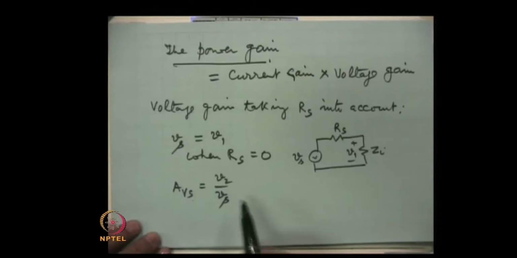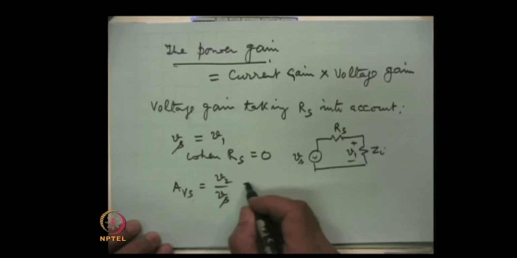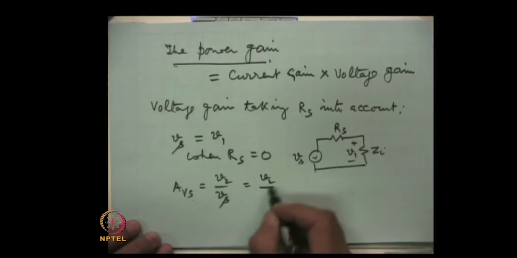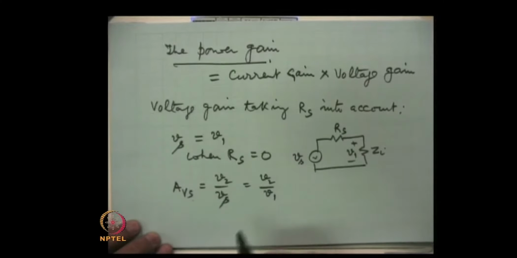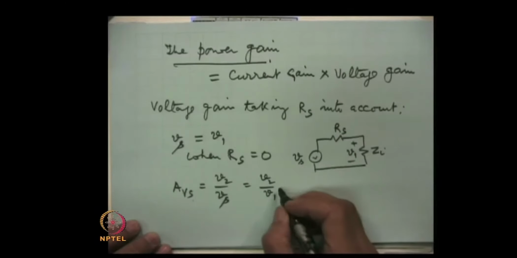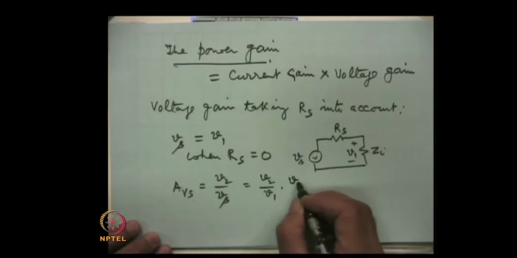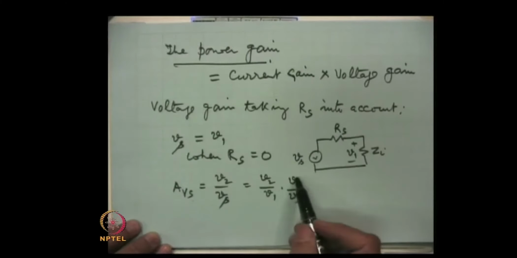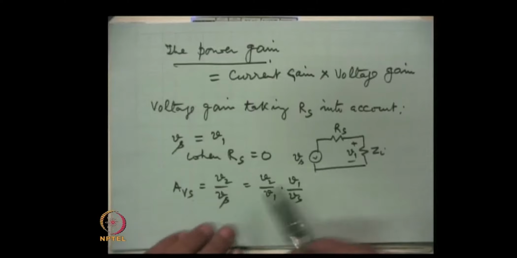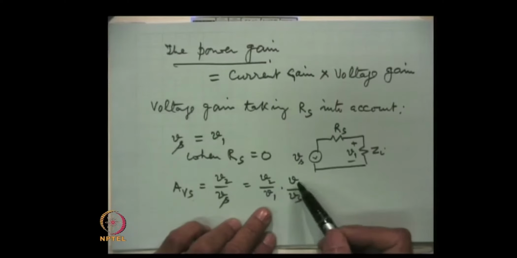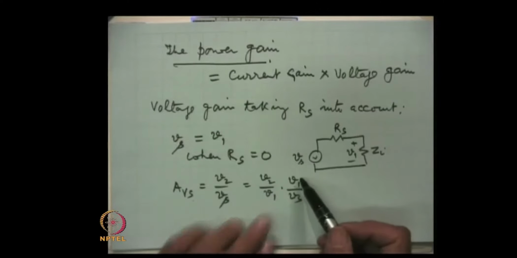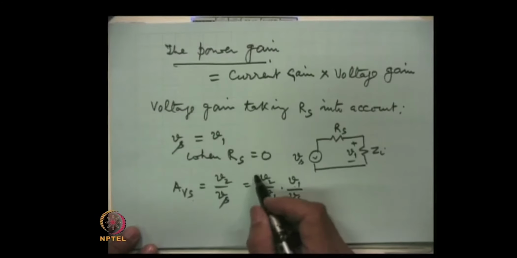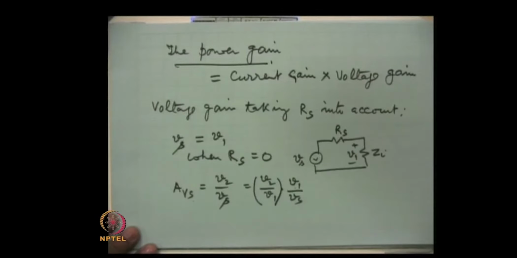So, when we do this, we can write this as V2 by V1 and V1 by Vs. This is written by dividing and multiplying with V1 for a specific reason, that this is what we call AV.